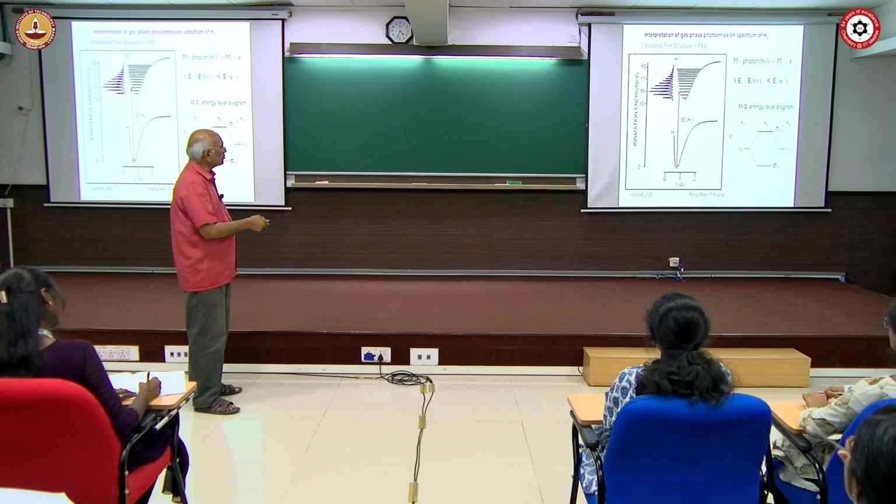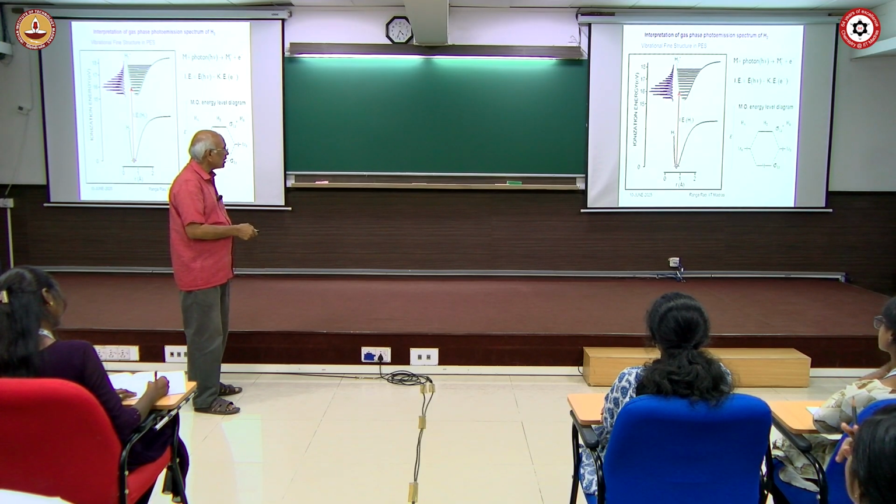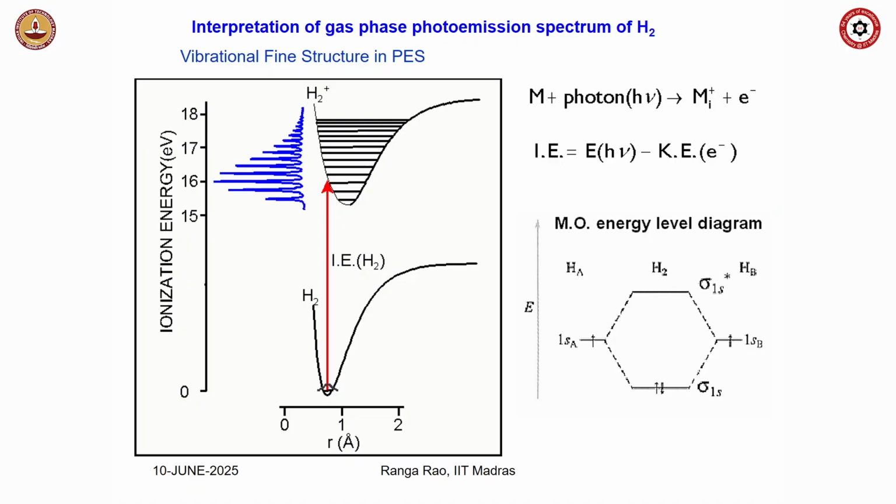This is the spectrum that you get, because this is the potential energy diagram, and the curve you are seeing is psi square, the vibrational levels. Molecules have vibrational levels, right?